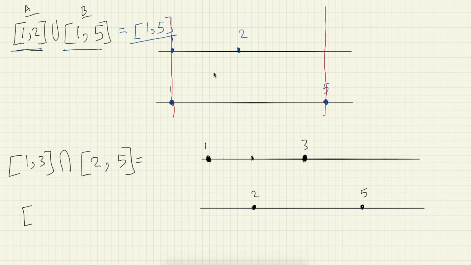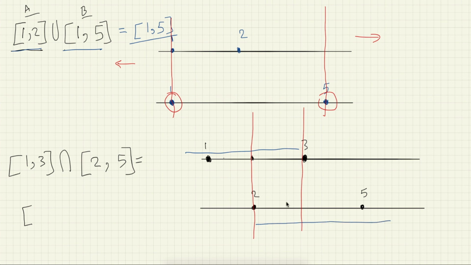In union we take the furthest from the right and the first one from the left. I will consider the bounds in the other step. Here I'm going to draw just a line. This is the common elements between the two intervals. This interval contains those elements, and the second interval contains those elements, and these are here the common elements.